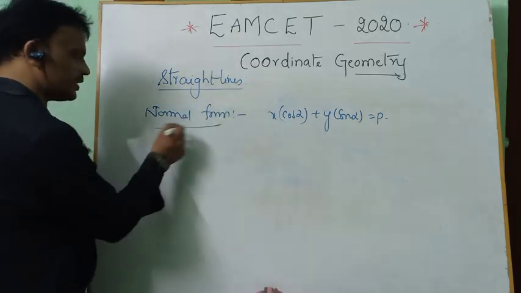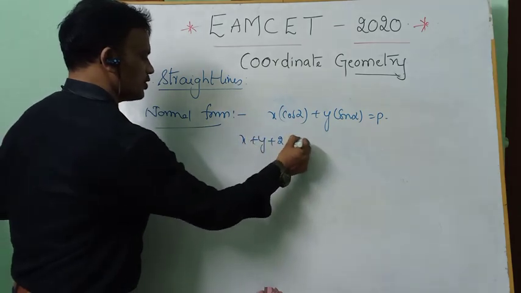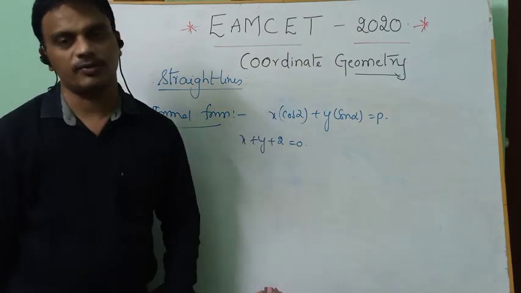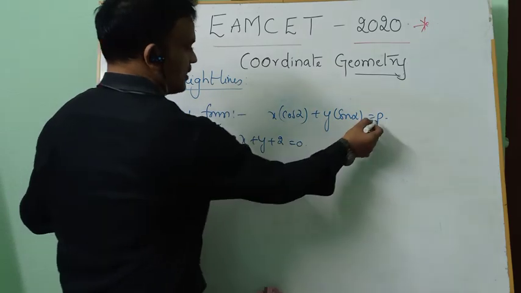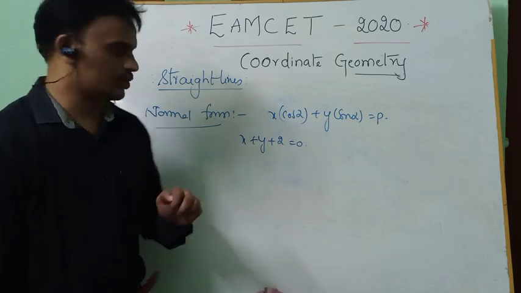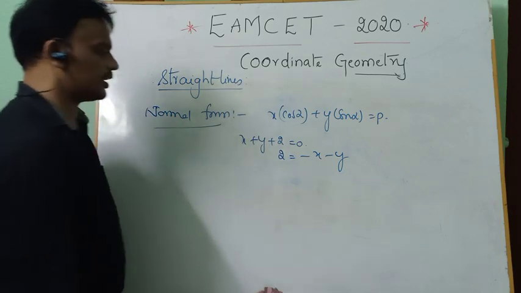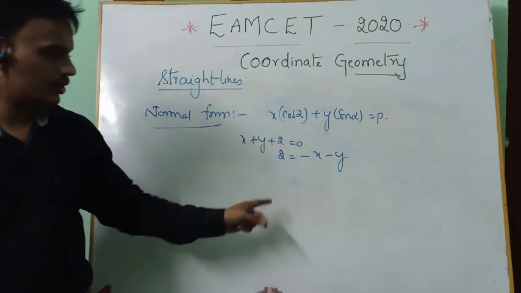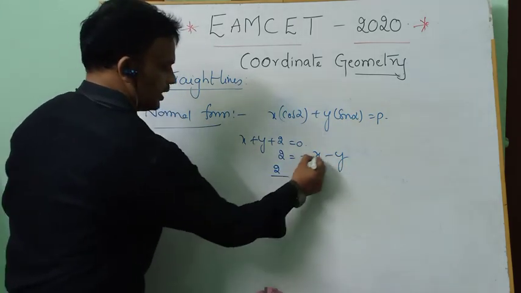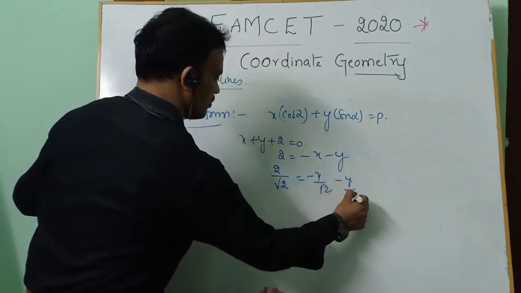In this case, the important thing is transforming into normal form. This is x plus y plus 2 equals 0, which is the general form of a line, transforming into normal form. Here p is the constant, which is the perpendicular distance from the origin to the line, and it should be positive. Already the constant is positive, so I can write 2 equals minus x minus y. After that, divide by root of a square plus b square, which is root 2. So 2 by root 2 equals minus x by root 2 minus y by root 2.